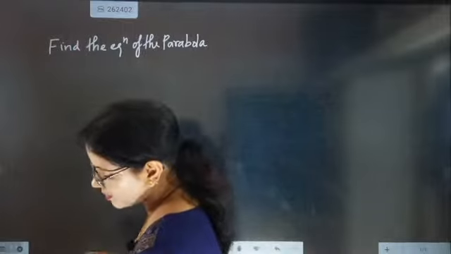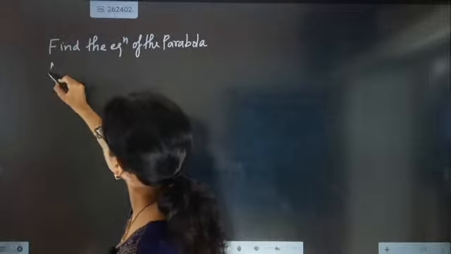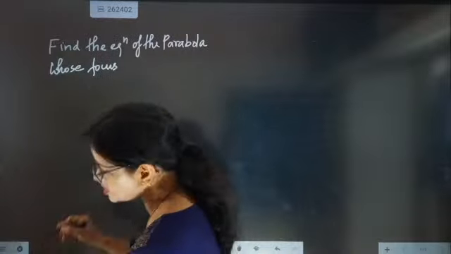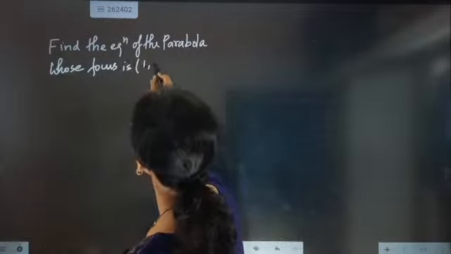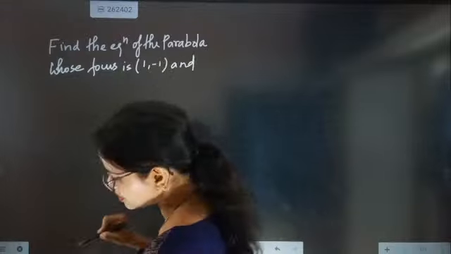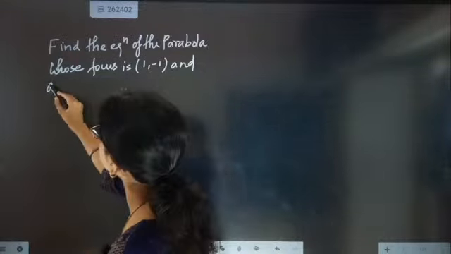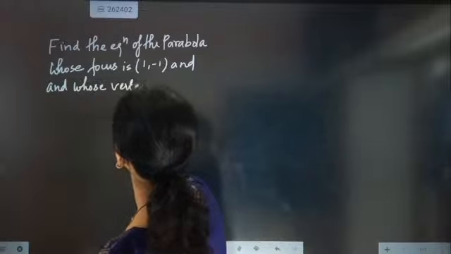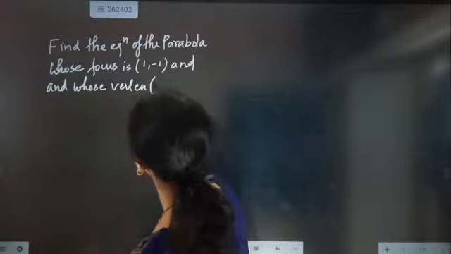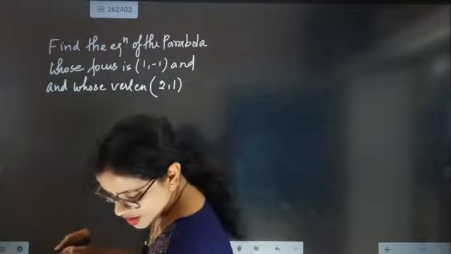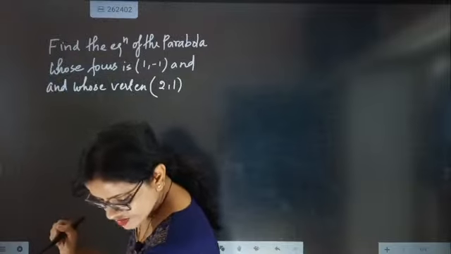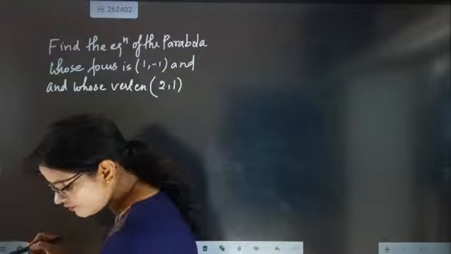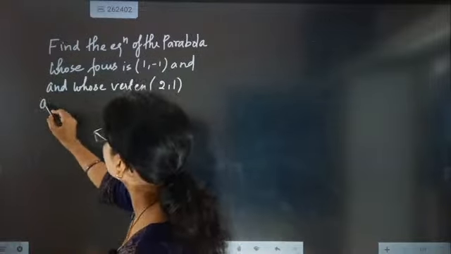So find the equation of the parabola whose focus is (1, -1) and whose vertex is (2, 1), and find its axis and latus rectum.